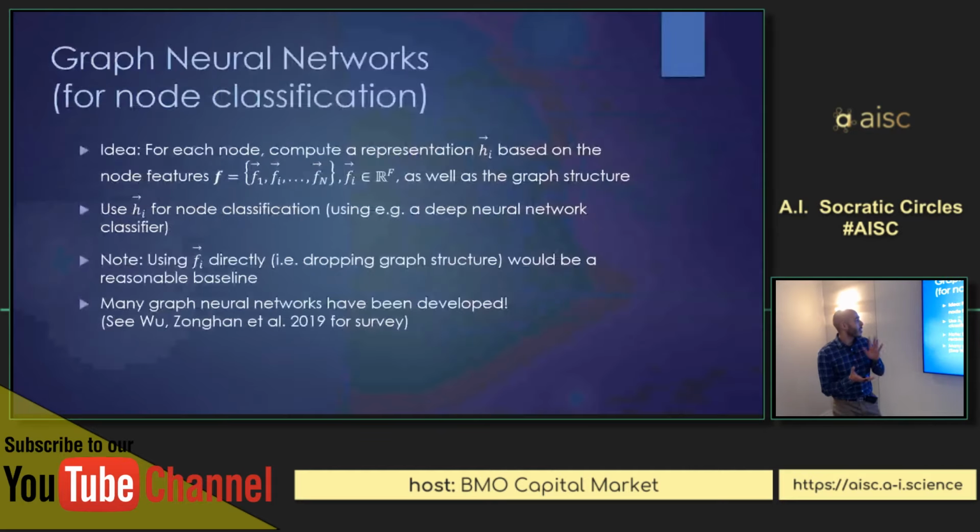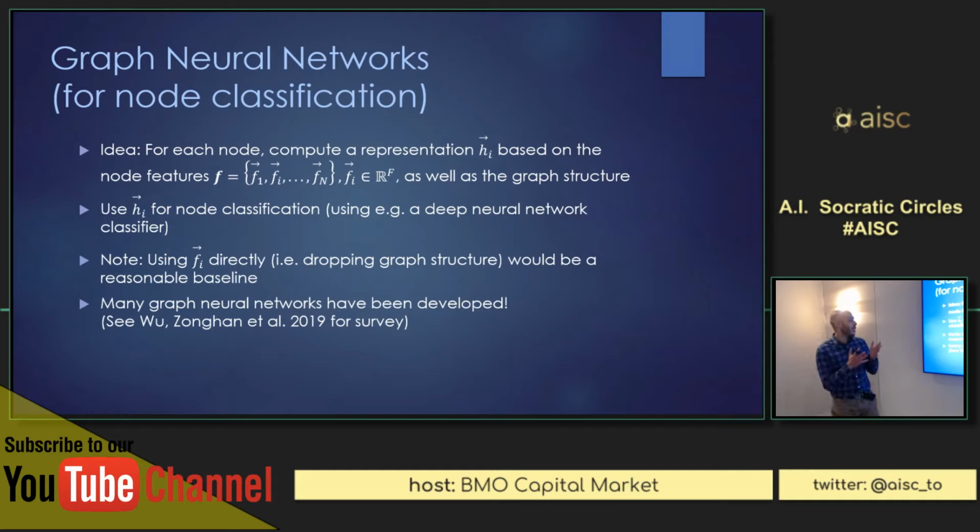So now I'm going to talk about the general idea of graph neural networks. Graph neural networks are basically a wide range of algorithms that deploy deep learning on graphs. We're not going to cover all of them here, just a particular subset. But what's the general idea?